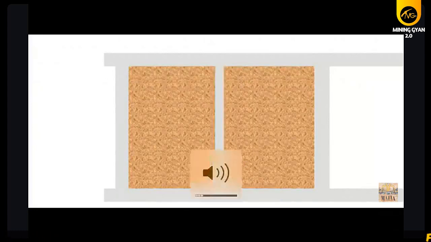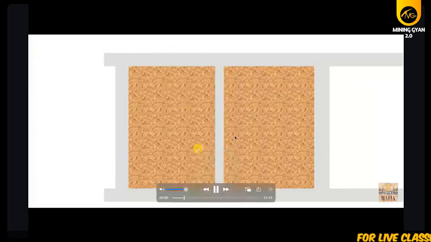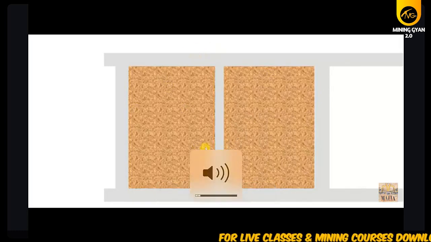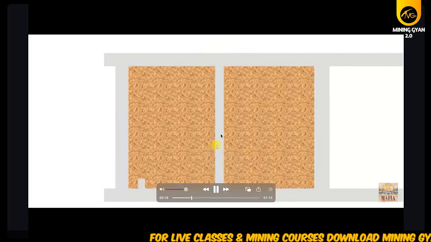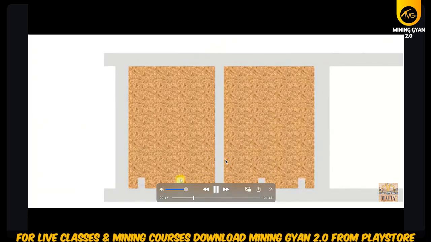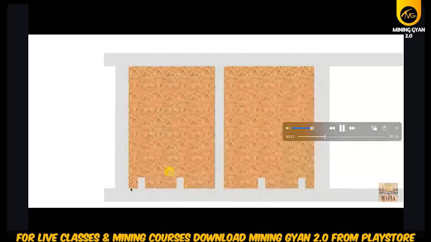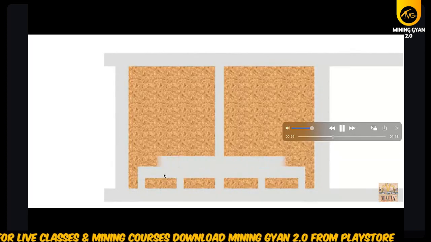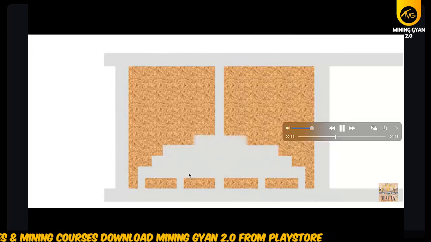So in this method, we will divide into 2 parts. So raise or winze, you can make a raise or winze. This we will make chutes which will help in transportation, and do the preparatory work and make a sill pillar.